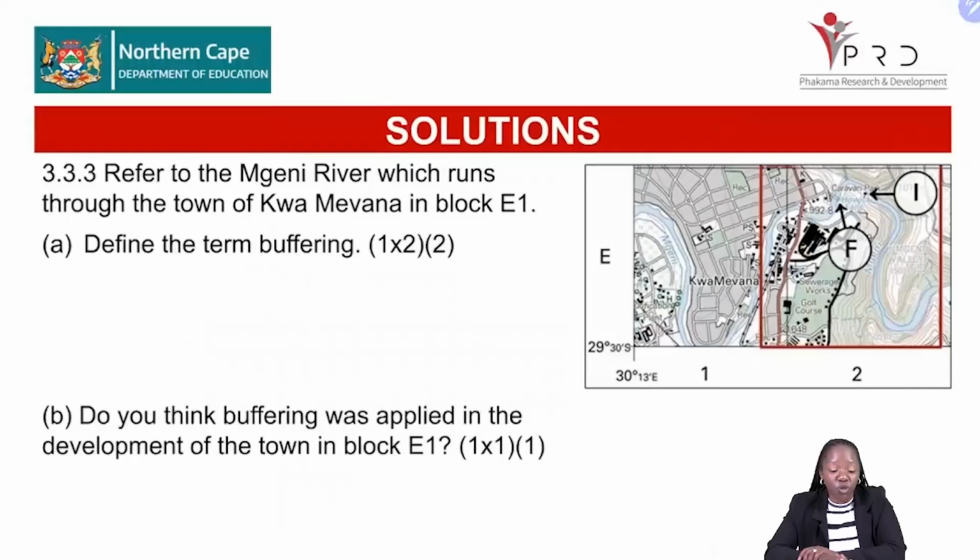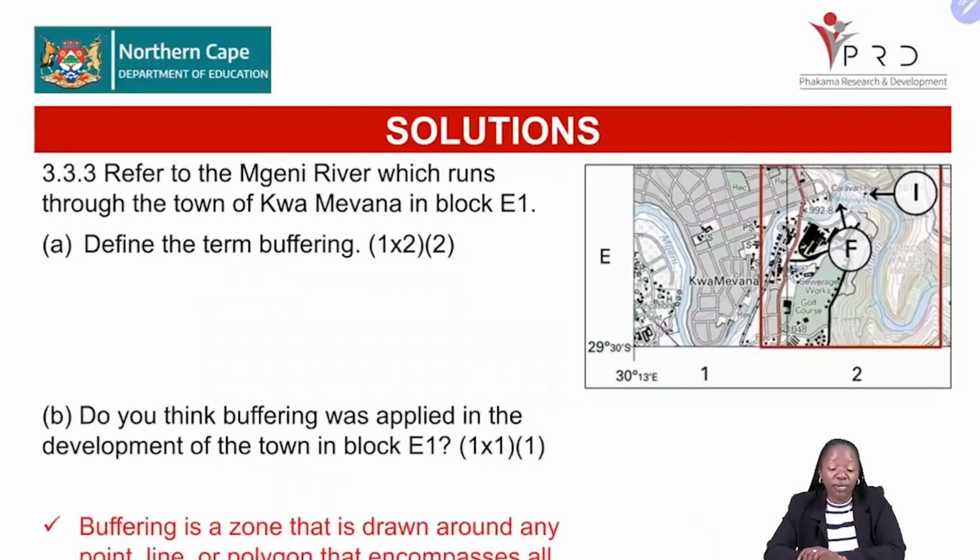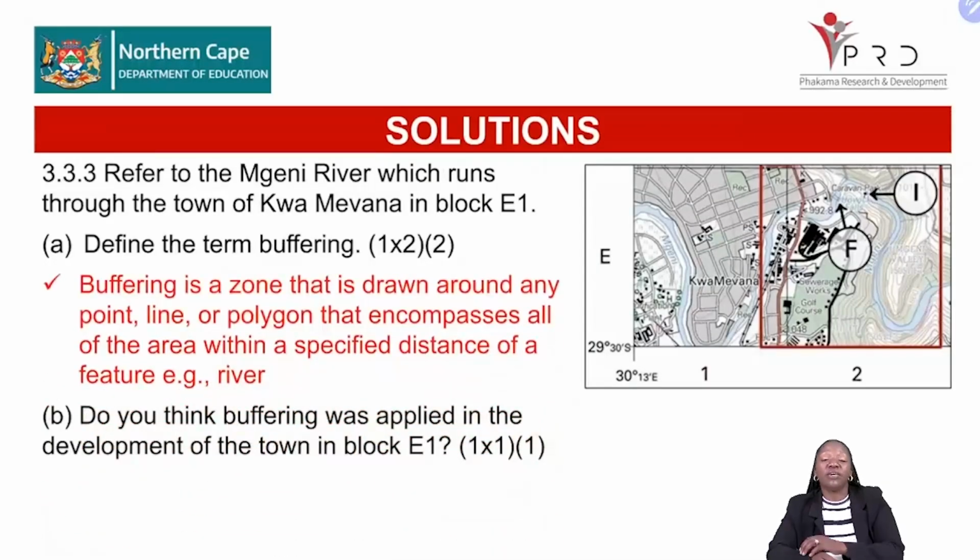Right? Grade 12, looking at our question number A, where we're supposed to define buffering. Remember, buffering can be defined in many ways, but most of all, we are talking about a zone that is drawn around any point, line, or polygon that encompasses all the area within a specific distance of a feature, e.g. the river.